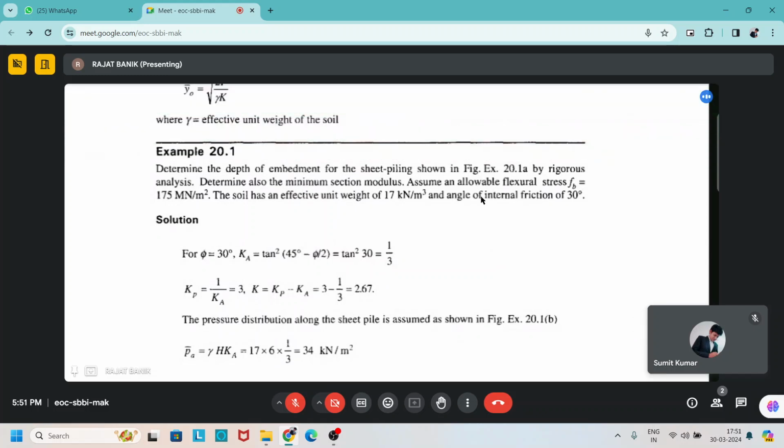Determine also the minimum section modulus. Assume an allowable flexural stress FD equal to 175 meganewton per meter square. The soil has an effective unit weight of 17 kilonewton per meter cube. Angle of internal friction is 30 degrees. So find out.